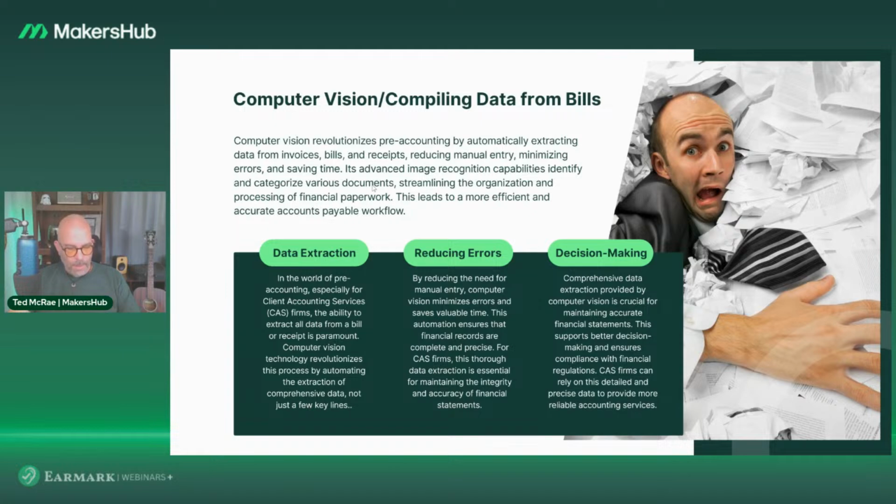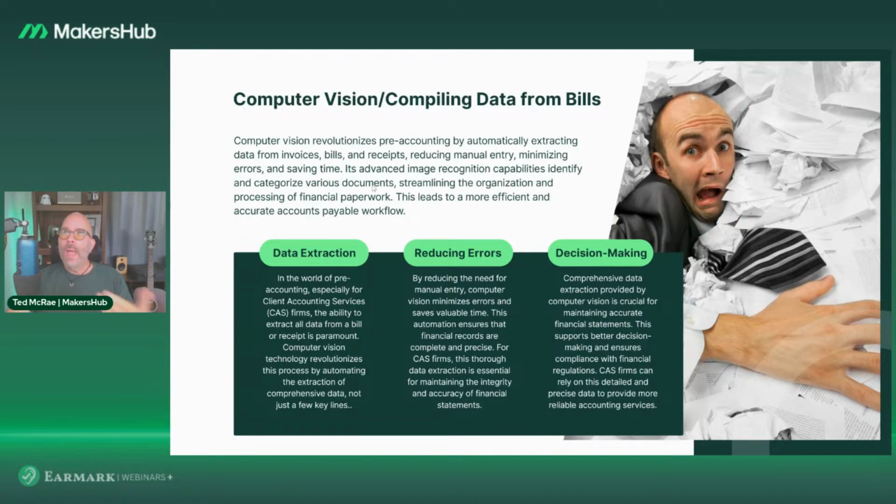So you put in your bills, or they come in through email, however they come in, they get extracted with rarely any errors because you're using a computer vision model, right? So it gets the whole bill, it gets it right because it's scanning the whole bill, not just what it thinks it should be scanning.